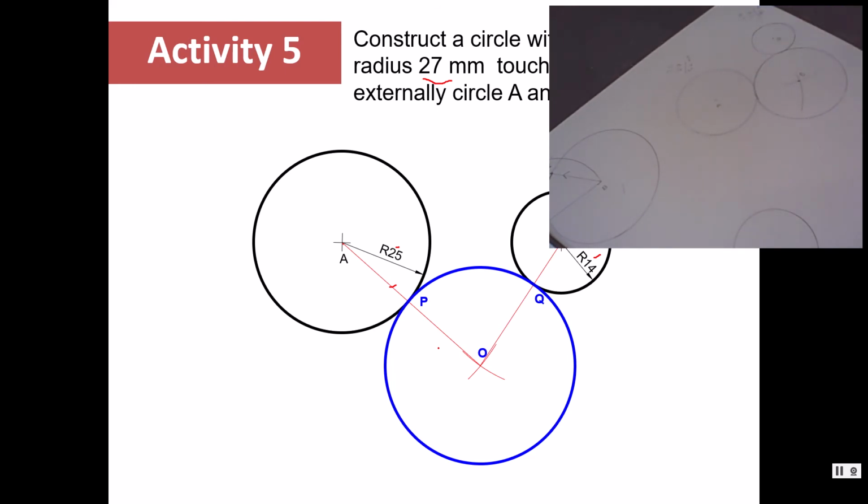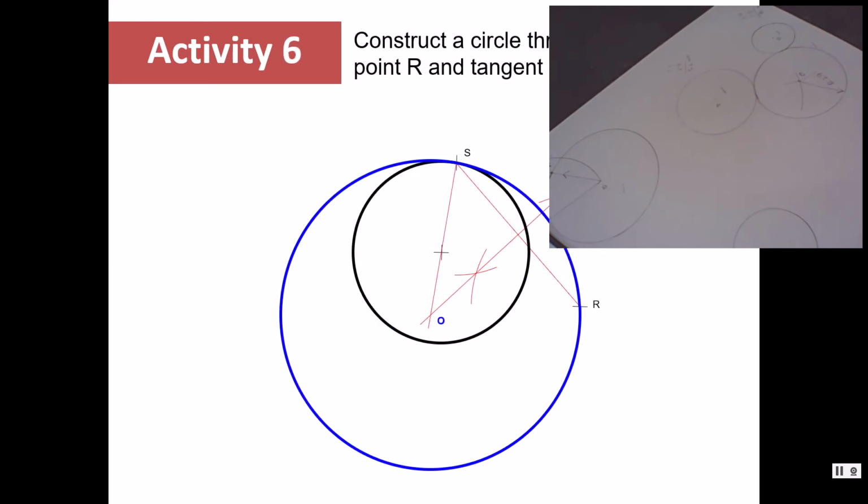Okay, so at the end I'm going to get this circle which will touch externally circle A and circle B, with the radius of R27. So that's activity 5.